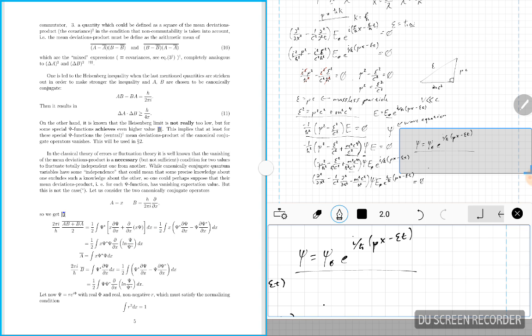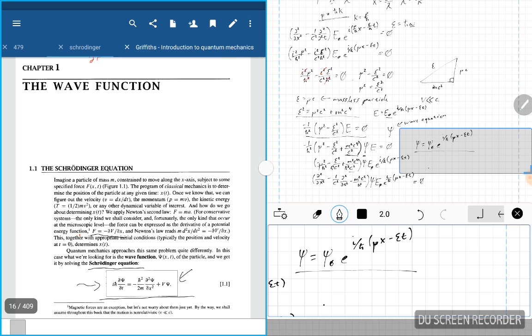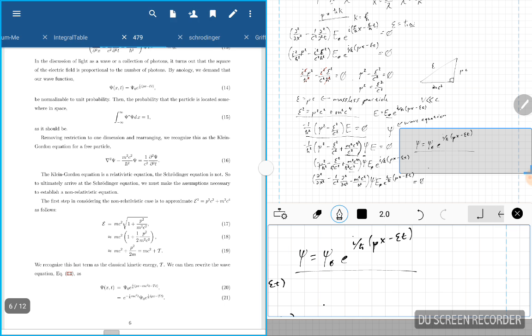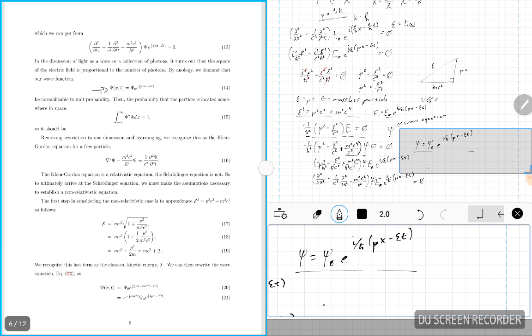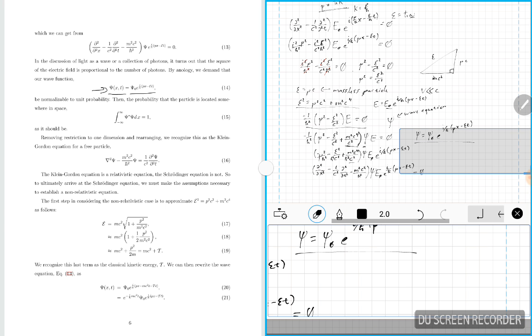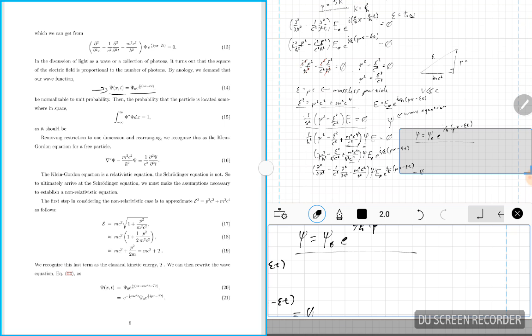But it still has to be a wave, meaning that it has to satisfy this basic condition right here, which is what we spent the first part going over. It also has to be something that exists in space.